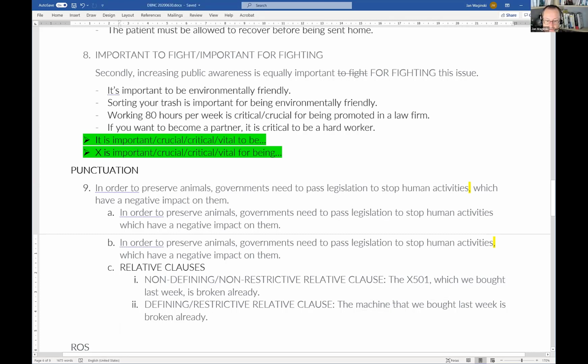So this piece of information is critical for understanding what the subject is. In this case, for the defining or restrictive relative clause, you can use that and you can use which. Doesn't matter.